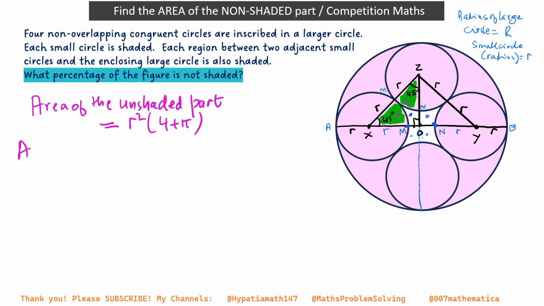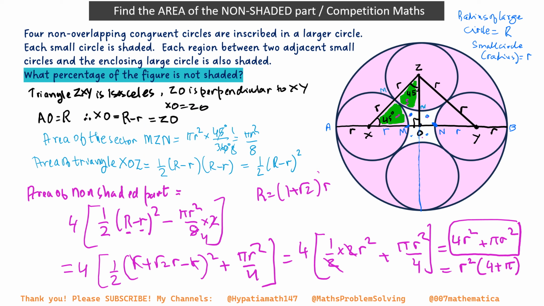Now the area of the large circle would be equal to pi capital R square. So again, instead of capital R, I need to write this 1 plus root 2 times r.